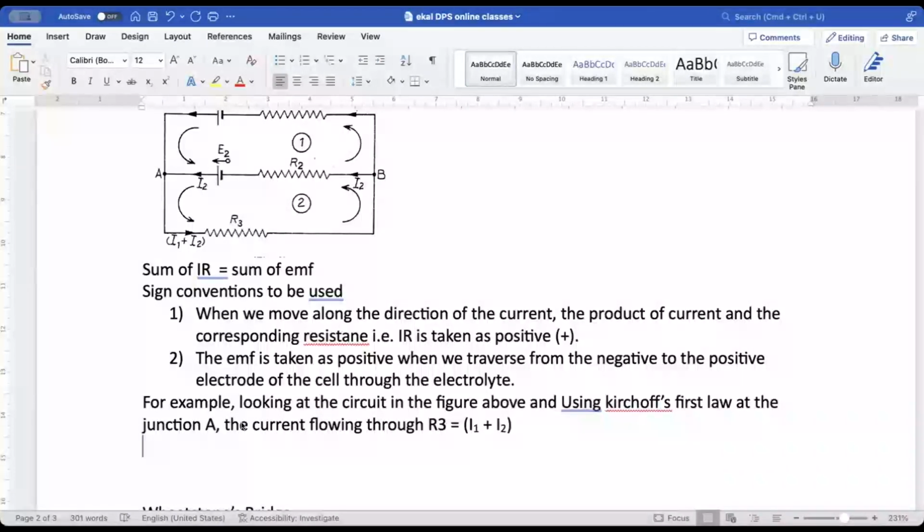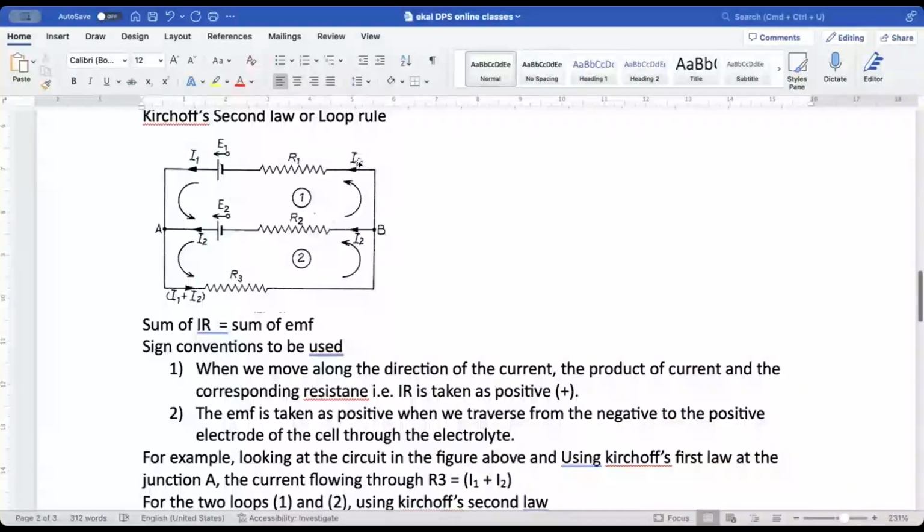Now using Kirchhoff's second law, or the loop rule, for the two loops, loop 1 and 2, we have, say, if we look at this, see the direction of I1.